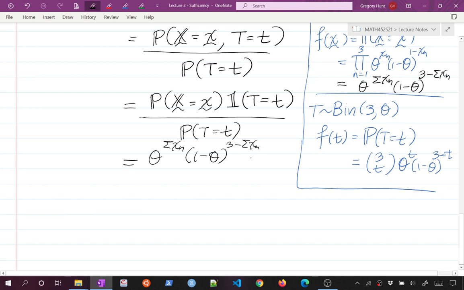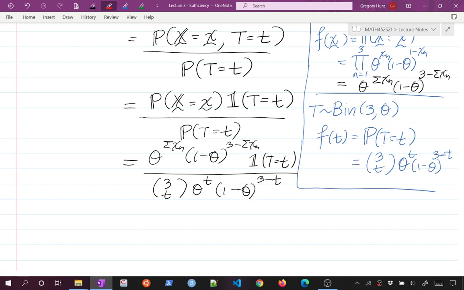That's on top. We have this indicator function. We're really not going to worry too much about it. And in the bottom we have 3 choose t, theta to the t, 1 minus theta to 3 minus t. Notice, of course, that as long as t here, which is my sum of the xn's, as long as this is true, little t is going to be the sum of my xn's.